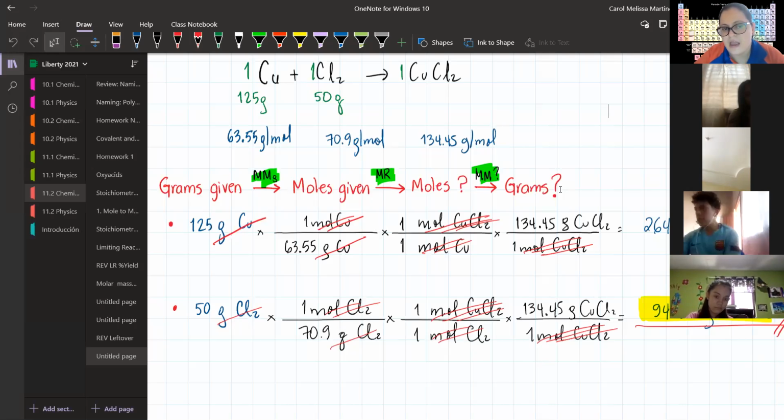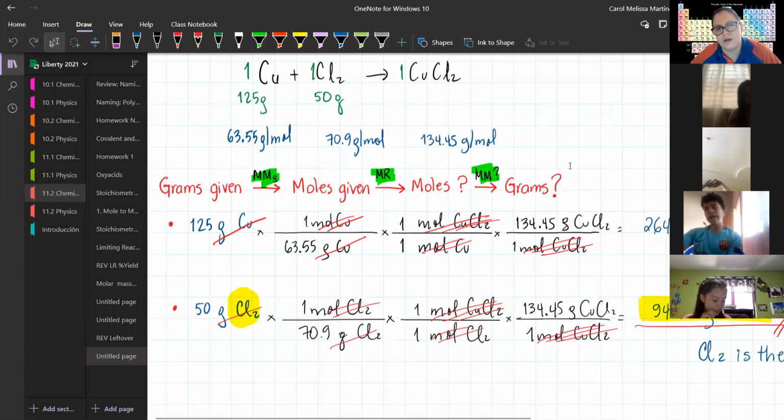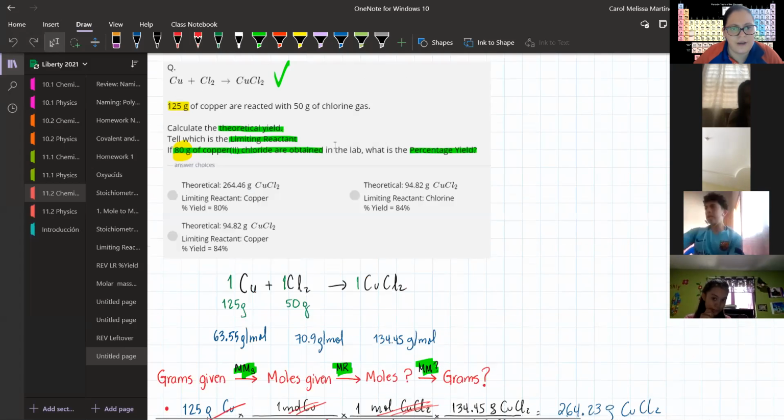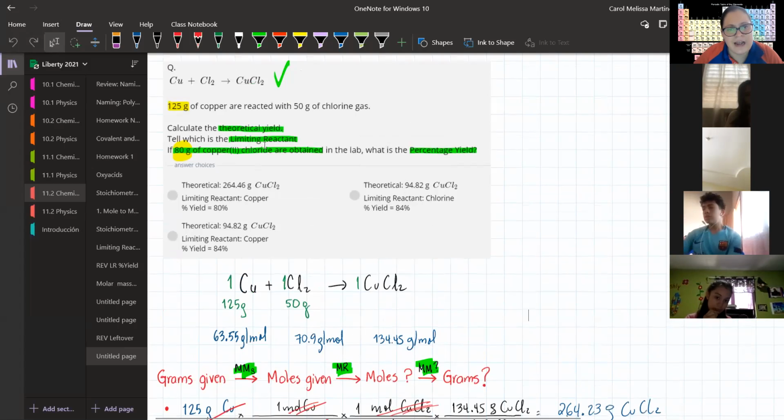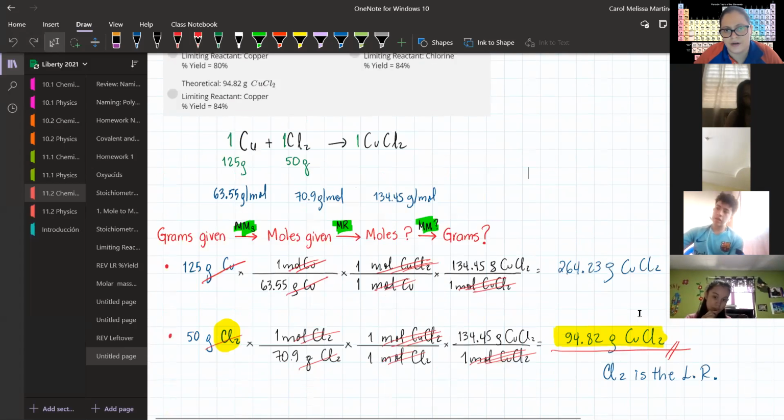And what is the limiting reactant? The 94.82 are the grams that can be produced, and the limiting reactant is the element that produced that amount. That is, chlorine is the limiting reactant. So with this, we already answered 2 questions: the theoretical yield, 94, and the limiting reactant, which is chlorine.